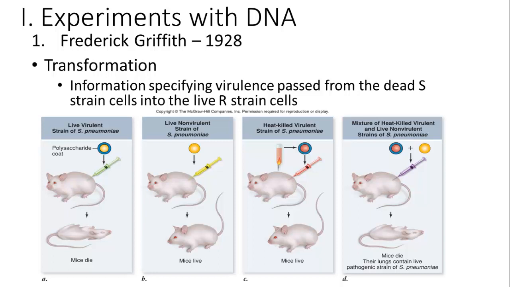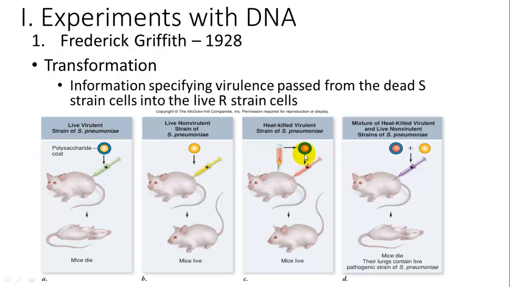In the first experiment, or as controls, he used the strain of pneumonia which was lethal. It caused mice to die, and he used this other strain which did not cause mice to die. They could recover from the infection.